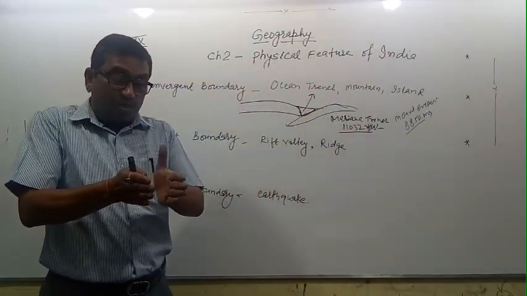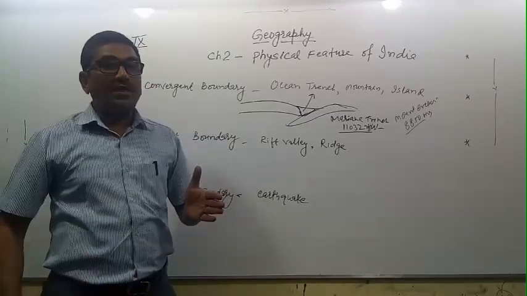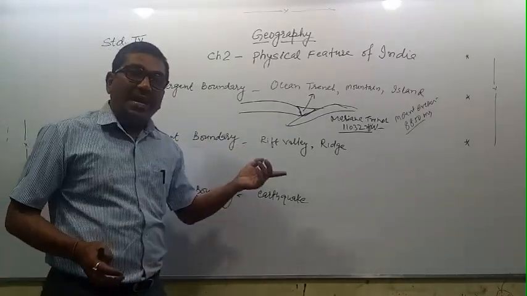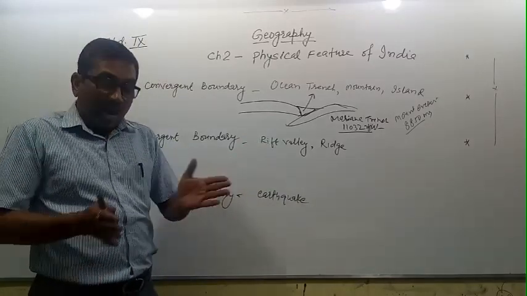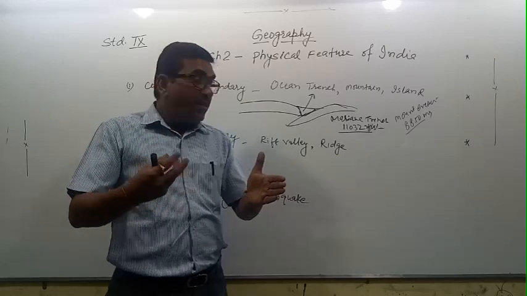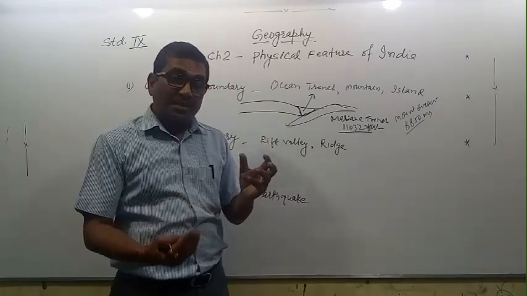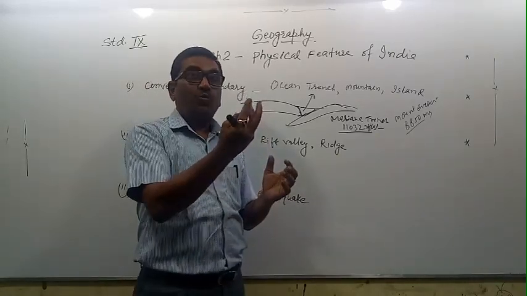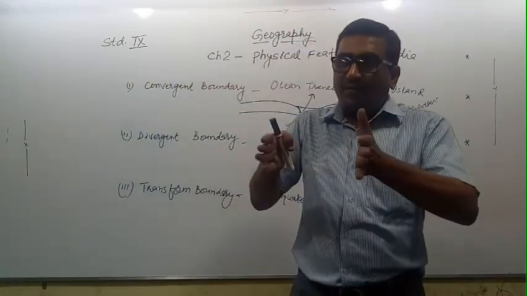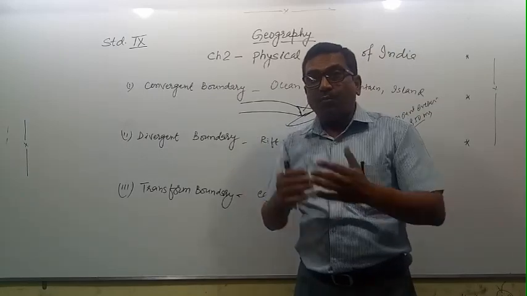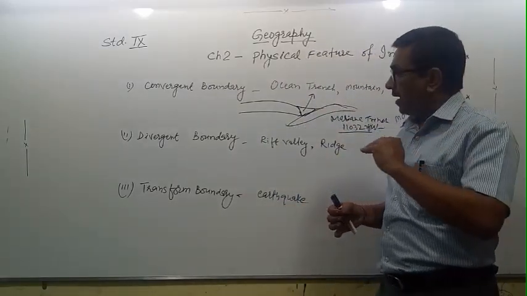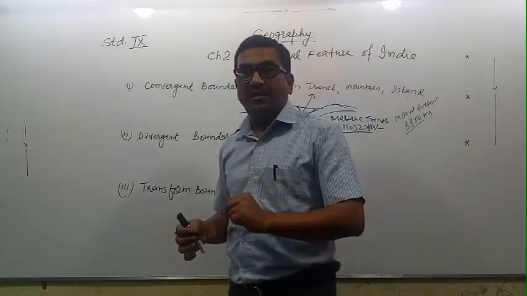Divergent, जब पता है दूर जाए तो बीच में कुछ ना कुछ तो गड्ढा बन जाए, खाई तो हो ही जाएगा. This is called rift valley. अगर बाई चांस ये स्पेस बन गया and the molten magma from the inside coming out, तो ऊपर तो पानी है, अब पानी है तो कूल डाउन हो जाएगा. तो it will form a range of mountain inside the ocean. उसके अंदर में एक माउंटेन का रेंज बनेगा.